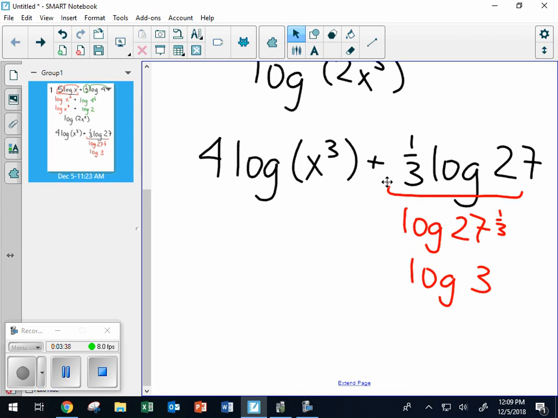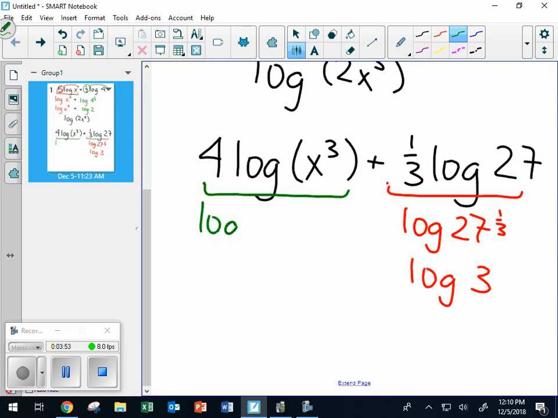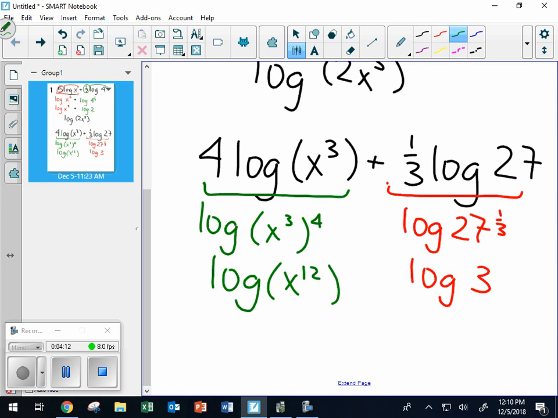Row 6, person 4 would be Will, since we have a student in front there. Can you help us simplify this first term? Okay, so if we have this 3 and this 4, do we add those, or multiply them, or leave them alone? Yeah, let's multiply those. So we have the log of x to the 12th.